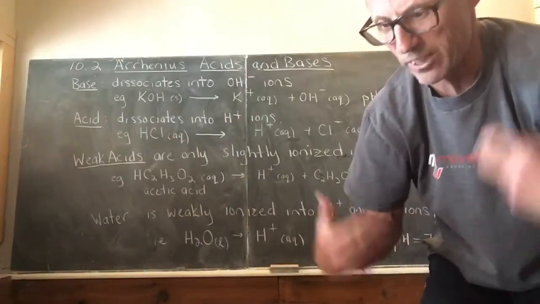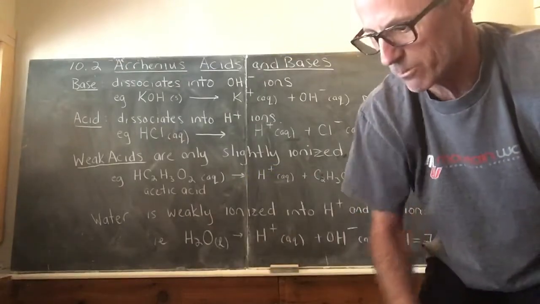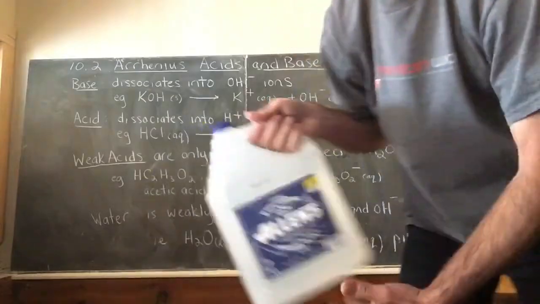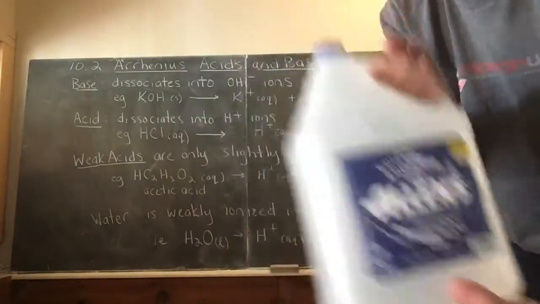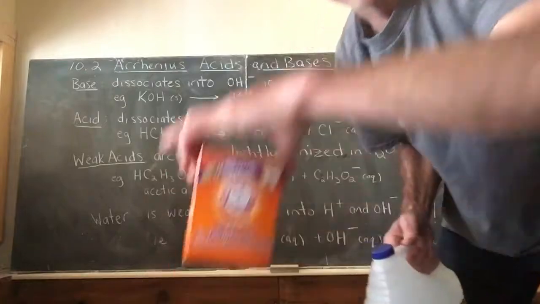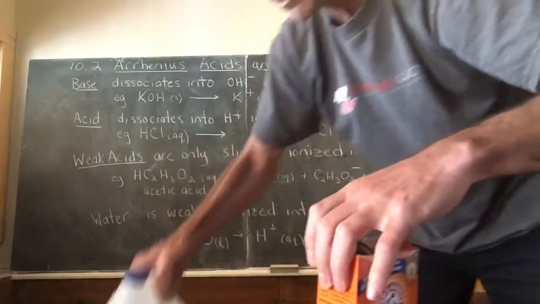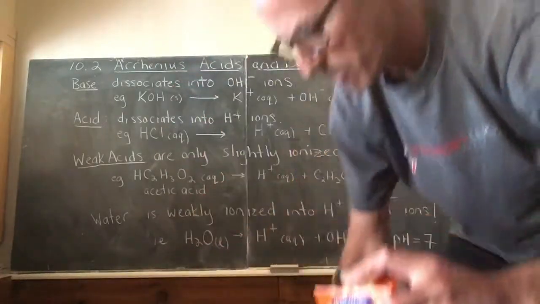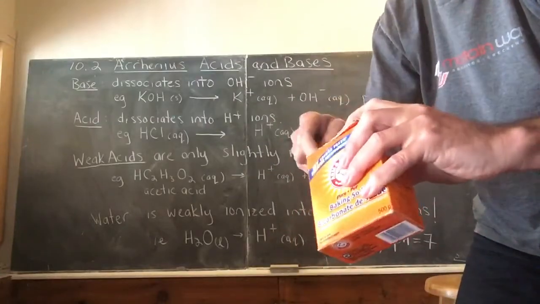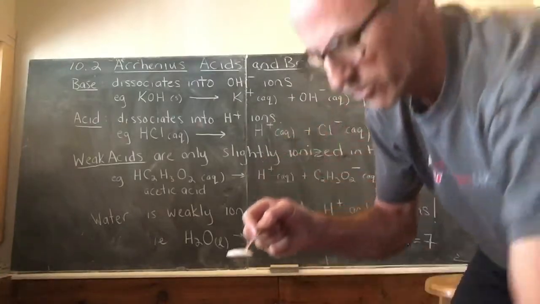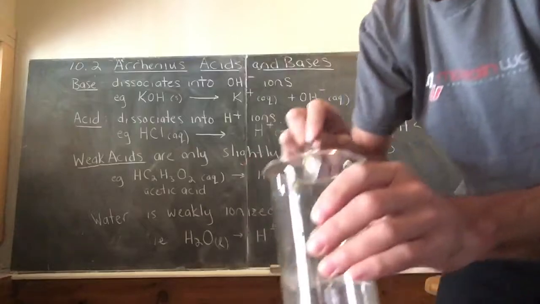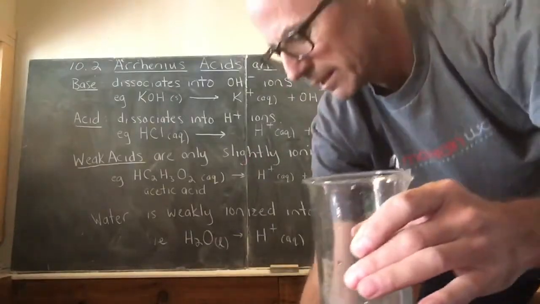What I want to do is a classic example of an acid-base reaction. And of course, every young person loves to use vinegar and good old baking soda. And baking soda, remember, is sodium bicarbonate. So I'm going to take a little bit of this and put it into a beaker.